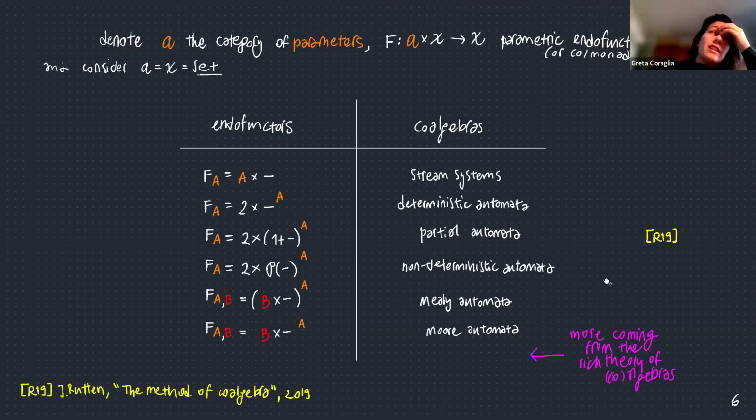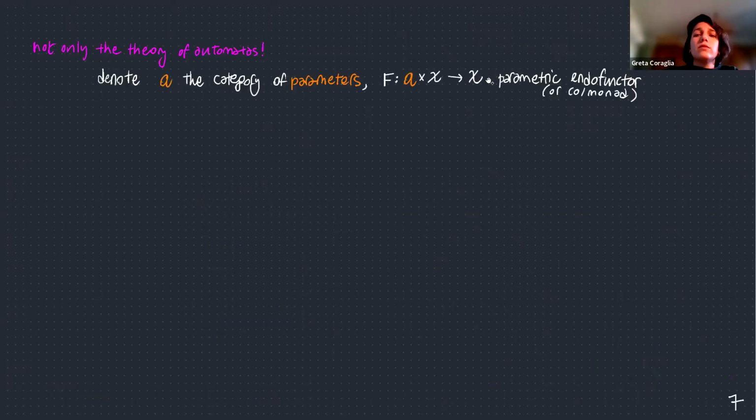But the cases that I discussed up to this point were cases where the category of parameters was equal to the category on which the endofunctor acts. That is actually not always the case, and there are many interesting cases where that does not happen.